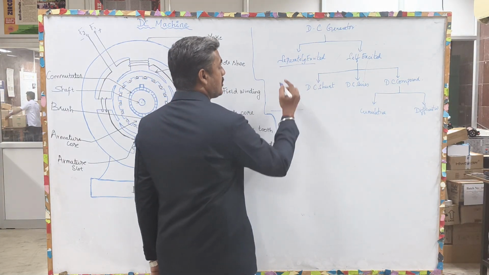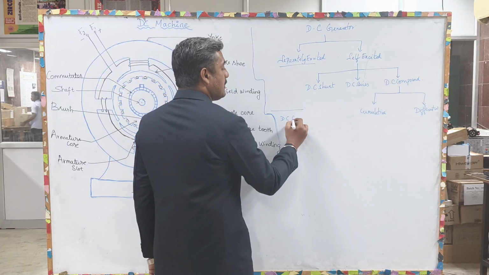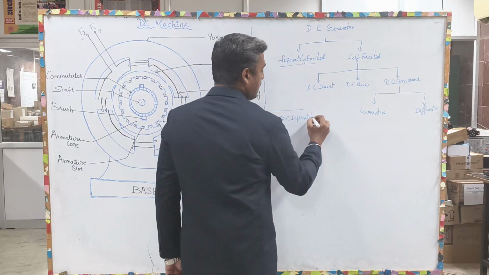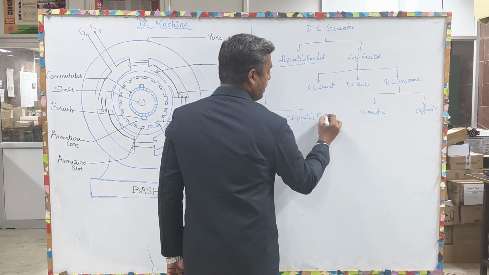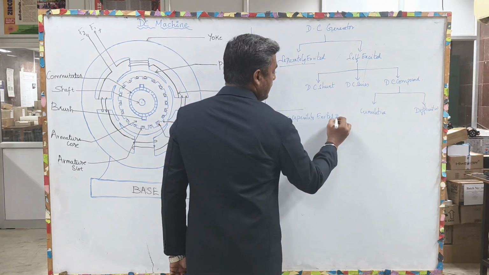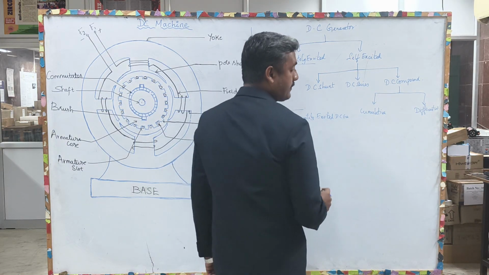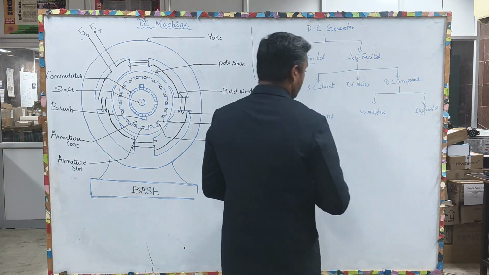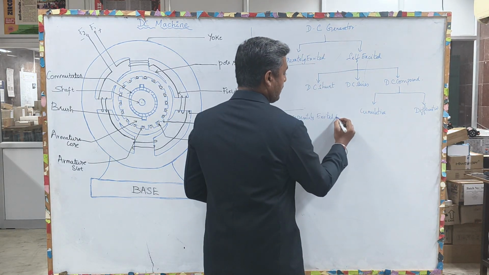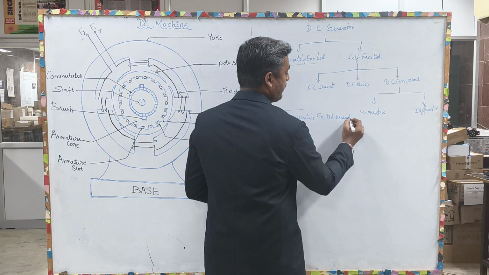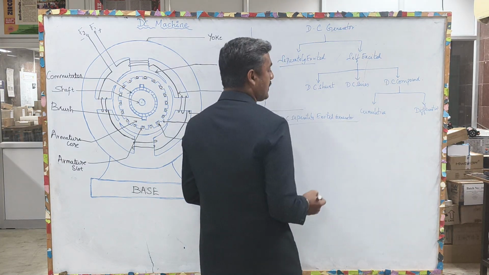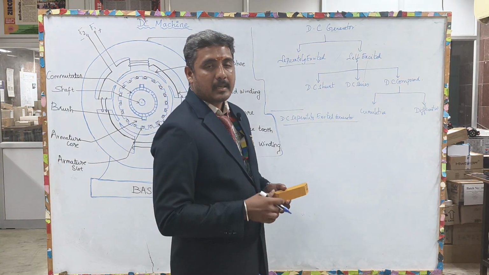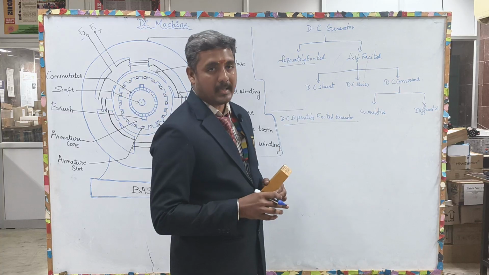First, we will discuss the DC separately excited generator. In a separately excited generator, you have 2 windings.